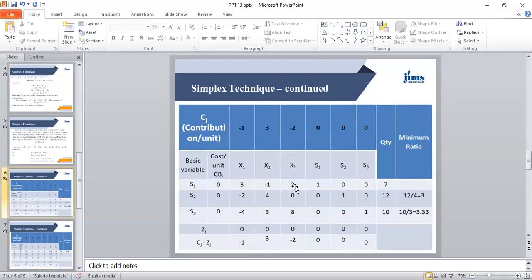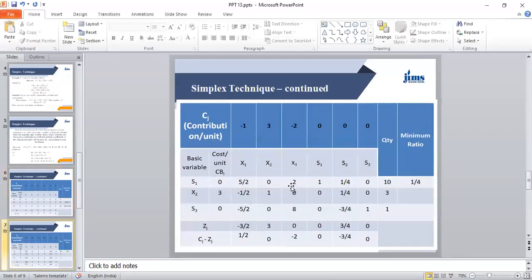So this 2 will get changed to 2 minus 8 into 3, 24 divided by minus 4, that is minus 6. Minus 1 is plus, so 2 plus.